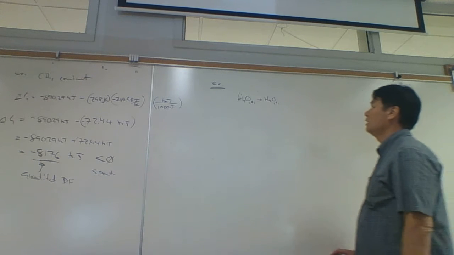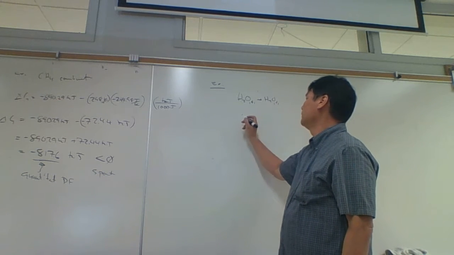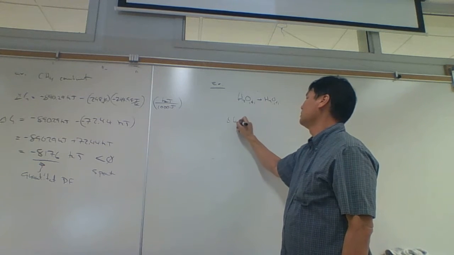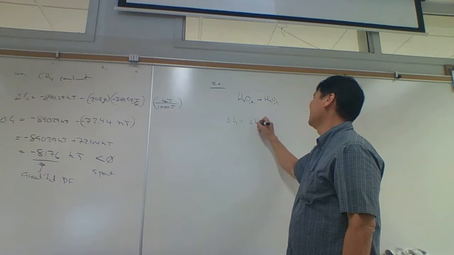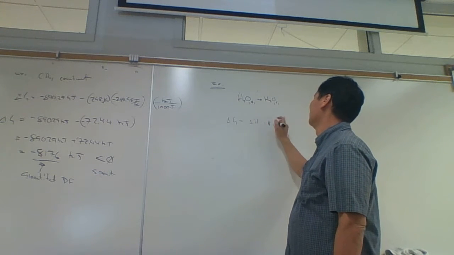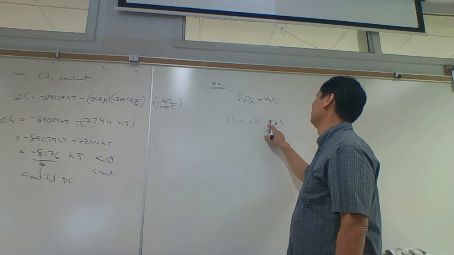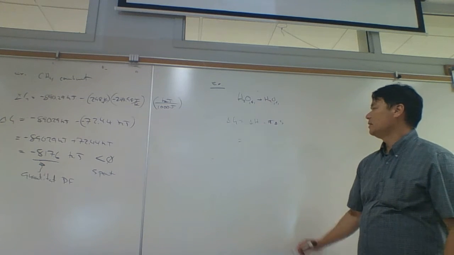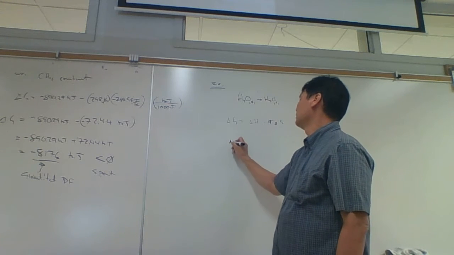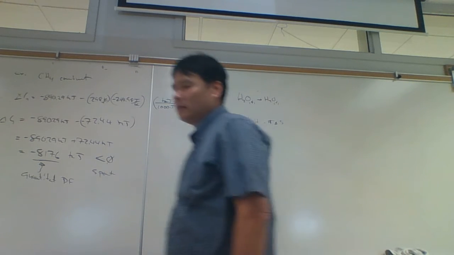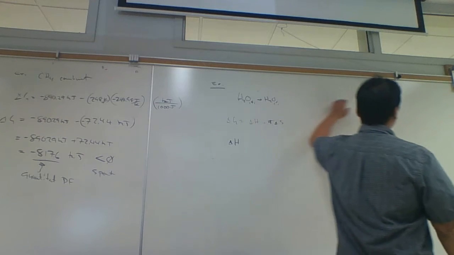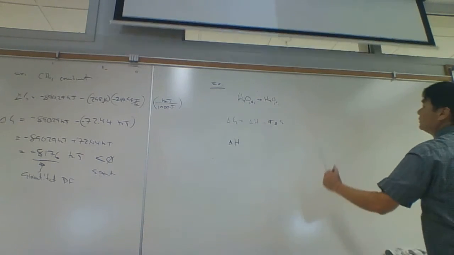If we want to figure out what the driving force for this is quantitatively, then we'll calculate our delta G. Delta G is going to equal delta H minus T delta S. And so we'll need to calculate delta H first. In order to get delta H, we need the standard enthalpies of formation of the products minus the reactants. So we're going to go H2O liquid minus H2O solid.